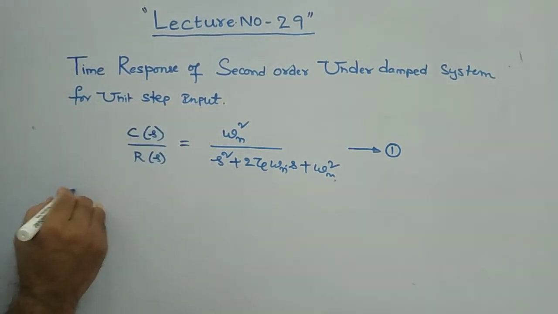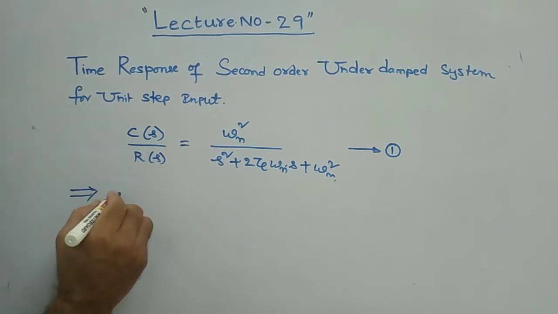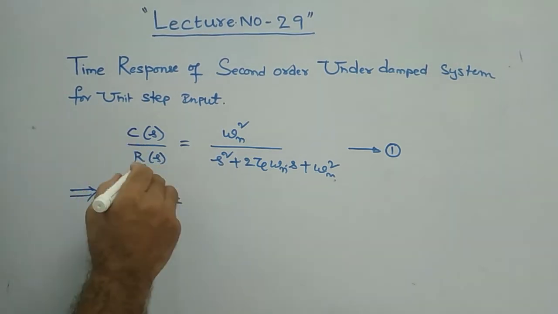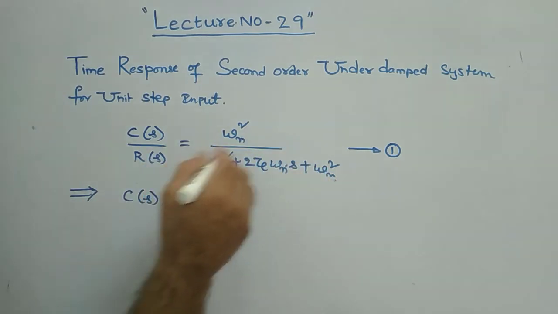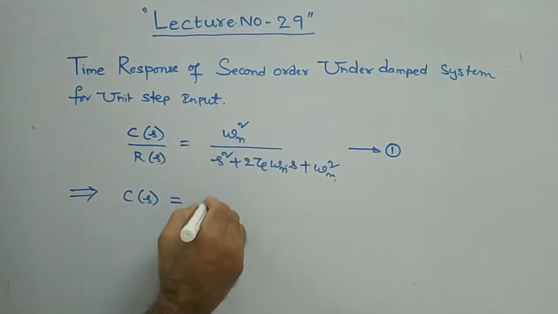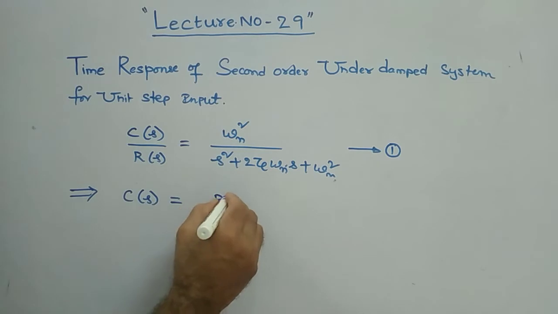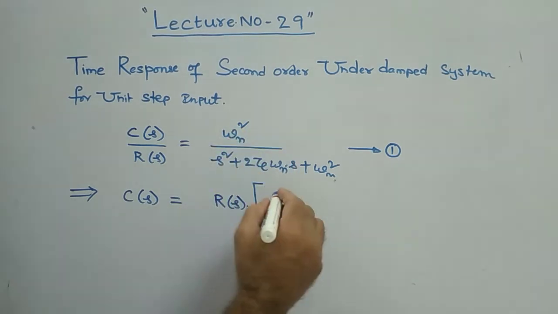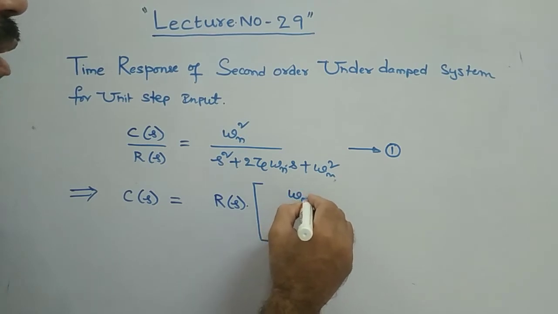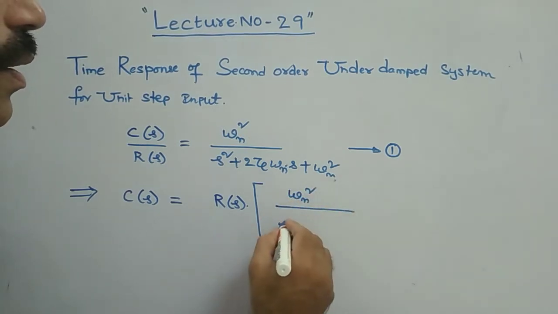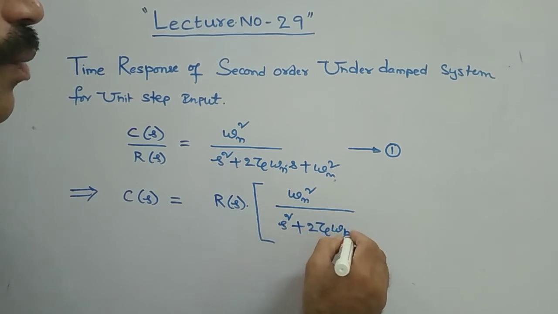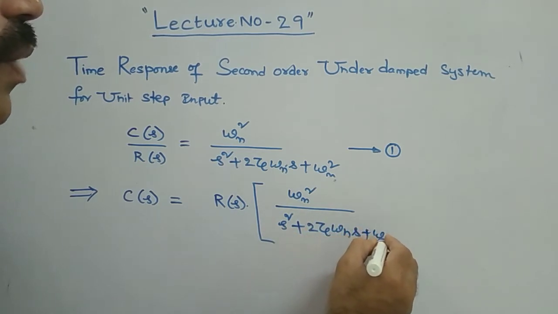From this, write the expression for C of s. C of s is equal to, take this R of s to the right side of this equation, then obviously R of s goes here. R of s into, in bracket, omega n square by s square plus 2 times zeta omega n into s plus omega n square.